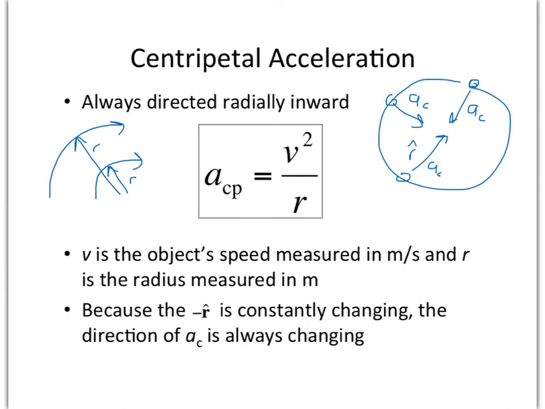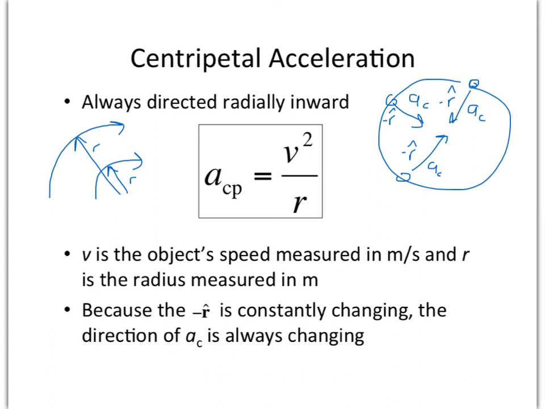We had x hat and y hat, and this is being directed here in the r hat direction, as is this here. All these are r hat directions, but the direction keeps constantly changing. Actually, I should really put the negative r hat, because towards the center is negative. But that means that the direction of the centripetal acceleration is always changing.